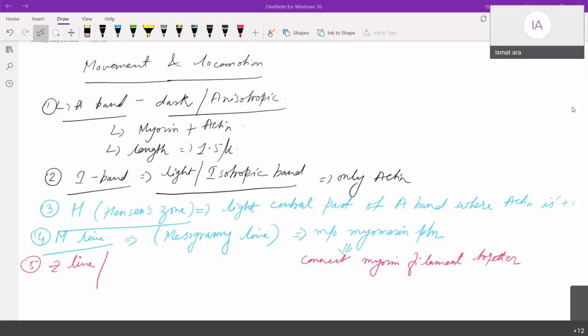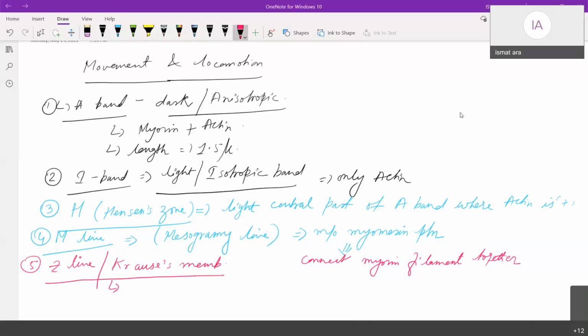It is Krause's membrane. The other name of Z line is Krause's membrane.